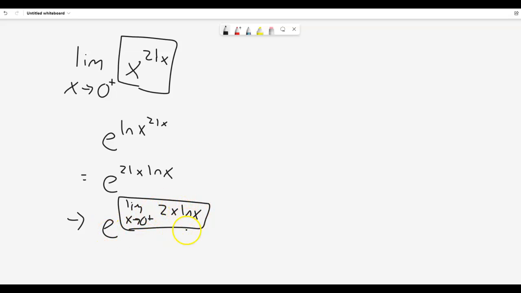So let's take a look at this one right here. That's going to be the limit as x approaches 0 from the right of, I should have written 21x, excuse me, 21x times the natural log of x. Now I want to write this a little bit differently so I can use L'Hopital's rule.